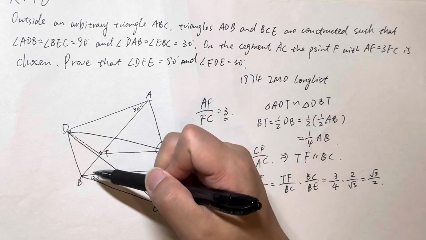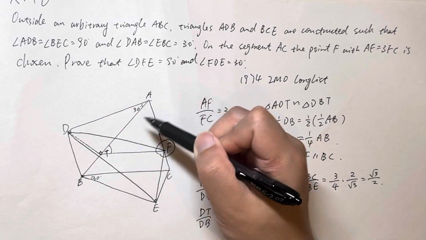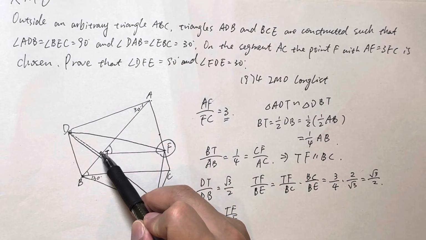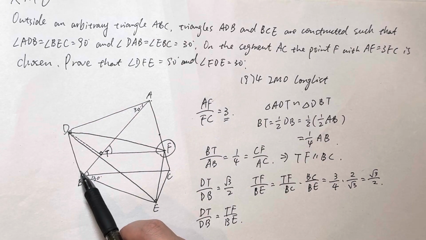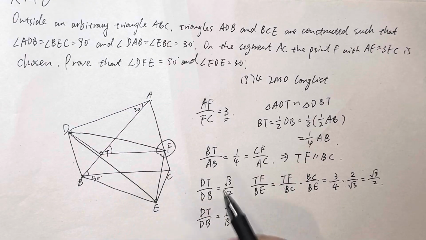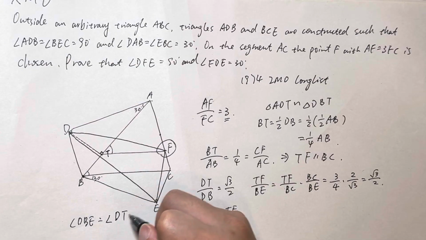And also, because angle ATF equals angle ABC, and we know this is 90 degrees, this is 30 degrees, this is 60 degrees, the angle DBE equals angle DTF.